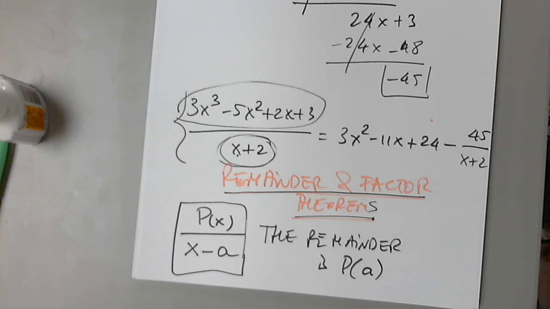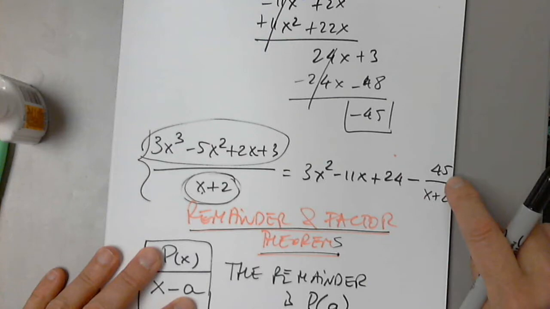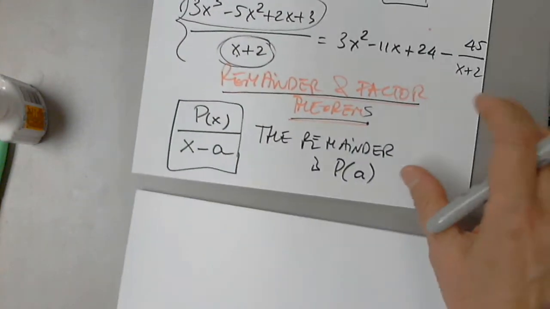So then I would like to check if the remainder is indeed negative 45, doing what? Calculating what? P of, I already asked, how much is A? So what do I have to determine? P of negative 2? Exactly. Excellent. If P of negative 2 is not negative 45, one or the other method has an error somewhere. Ready?